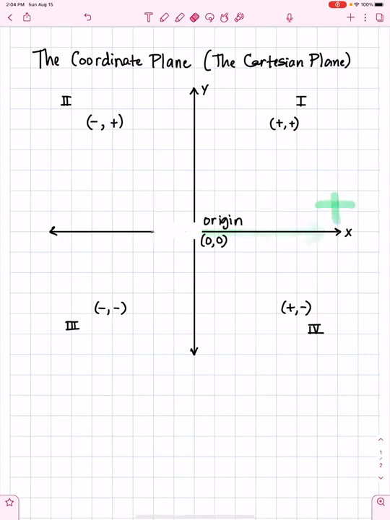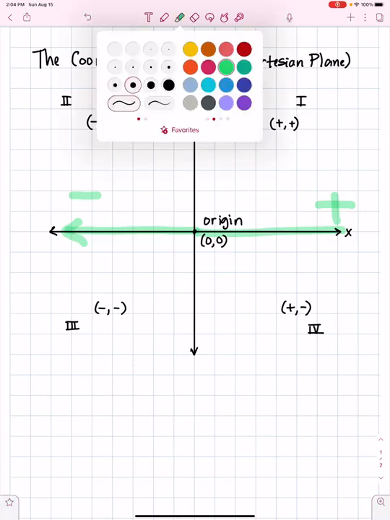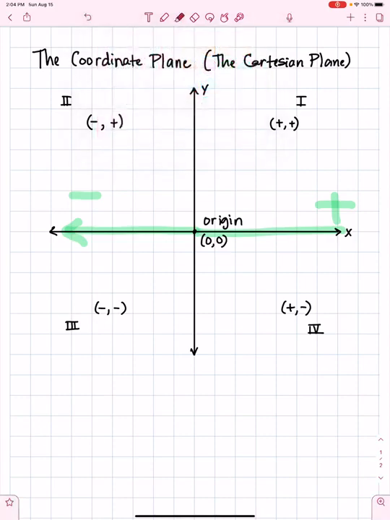And the values to the left, of course, are going to be negative. Now, when I start talking about the y-axis, the y values above the x-axis are always positive. The y values below the x-axis are always negative.